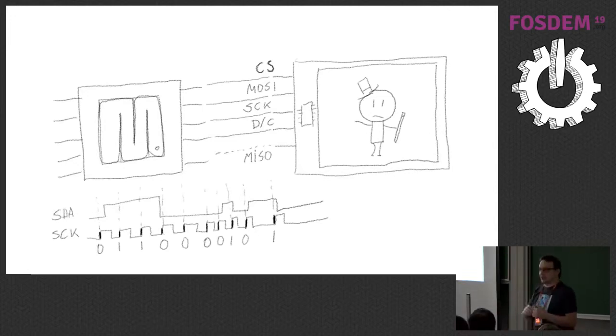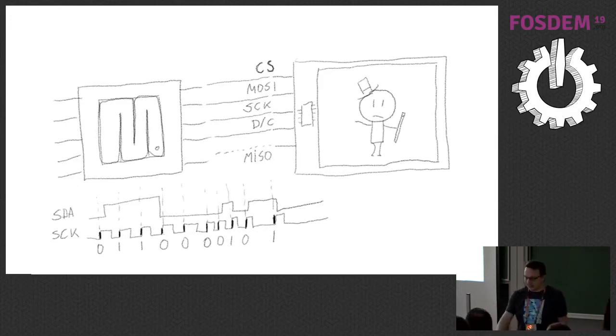However, we are only going to send data to the display. We are not going to listen what display is telling us. So we only need 4. And of course, we need power. That is not included in here. So the thing is, many microcontrollers have already this protocol implemented in hardware. They have a separate peripheral on them that lets you talk this protocol very fast.